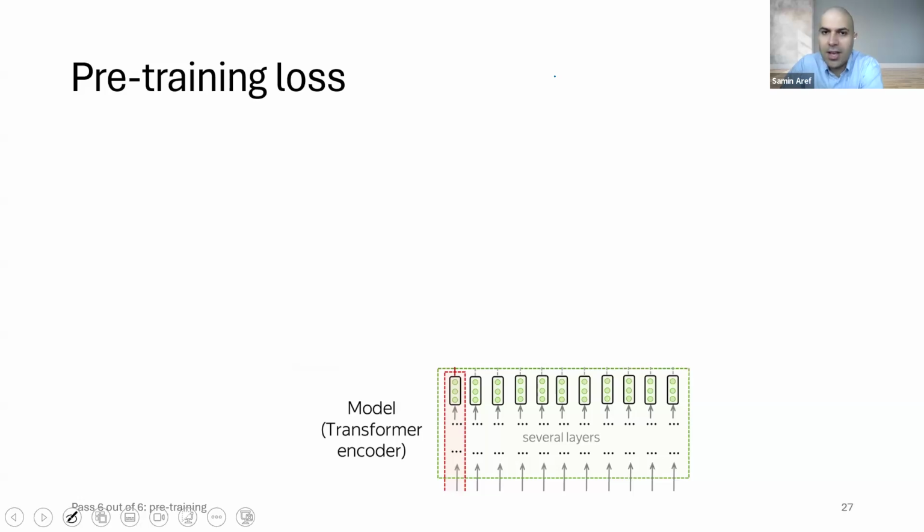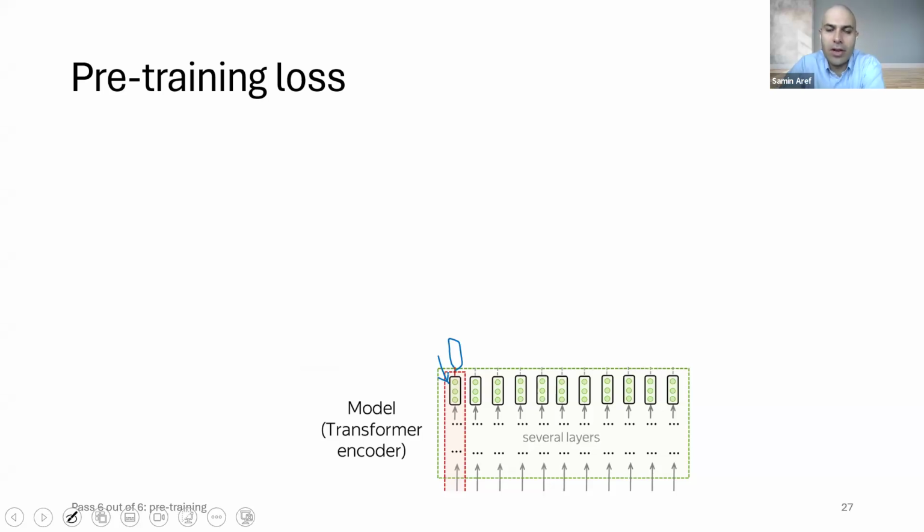Otherwise, 768 is just the midpoint between 2 to the power of 9 and 2 to the power of 10. It is common to use a power of 2 as the size of the embedding. And in the case of BERT base, they wanted a value between 512 and 1024.